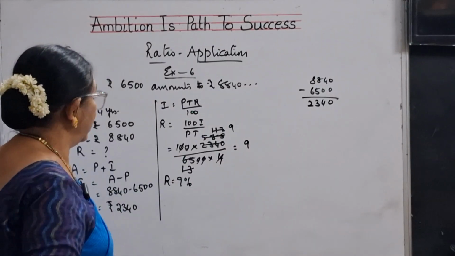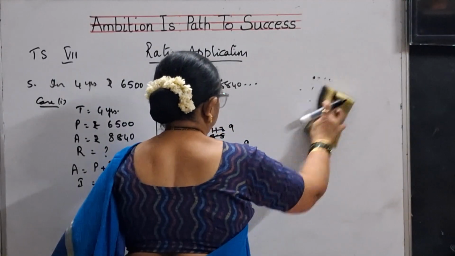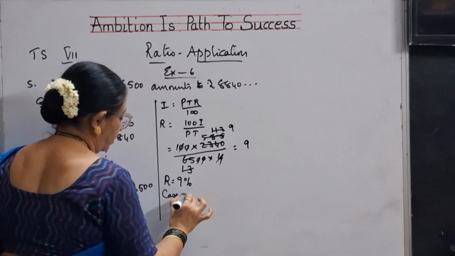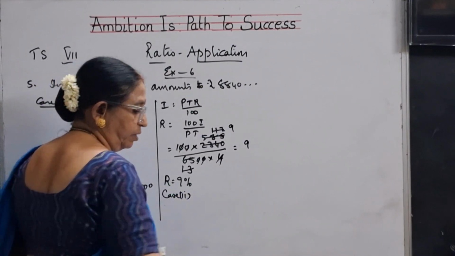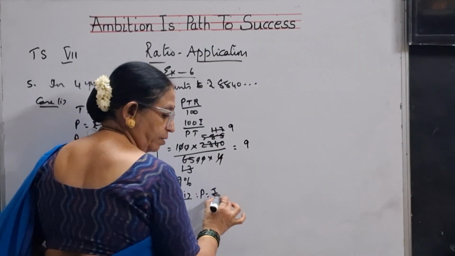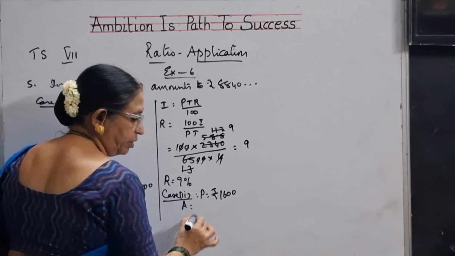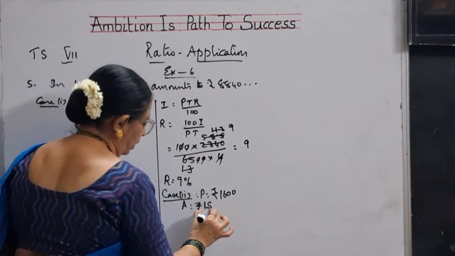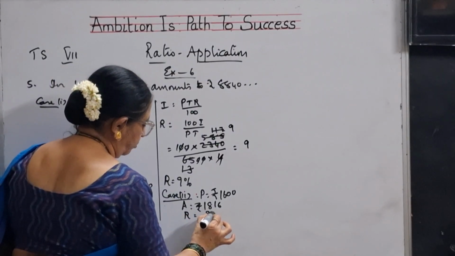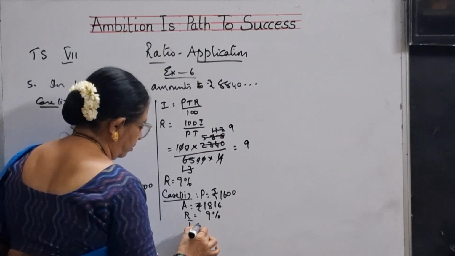So after getting the rate, what we need to do, I think I can finish here itself in case 2 also. So let me take case 2. In case 2, principal is given as rupees 1600 and amount is given as rupees 1816, and rate is 9%. This rate we have to take, and time is how much.